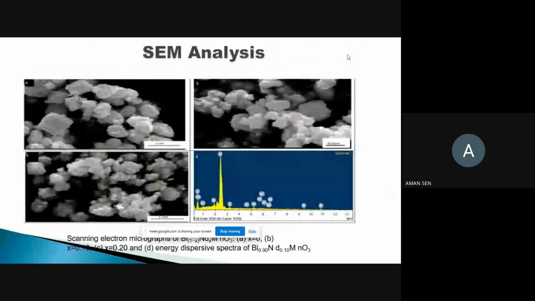This is the same analysis of our samples A, B, and C for x equal to 0, 0.10, and 0.20. As you can see, with increasing substitution of Nd, the grain size of our sample decreases.